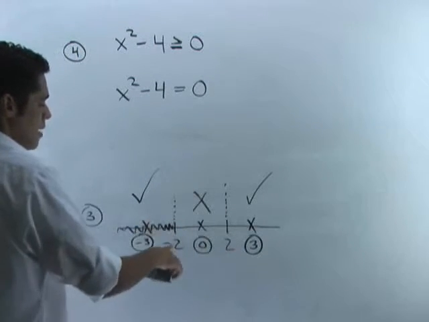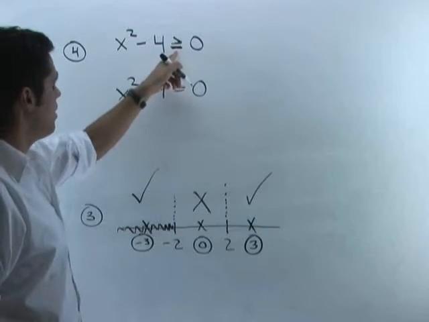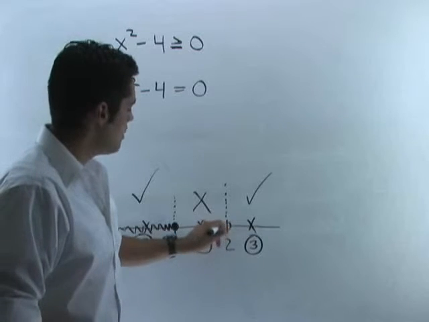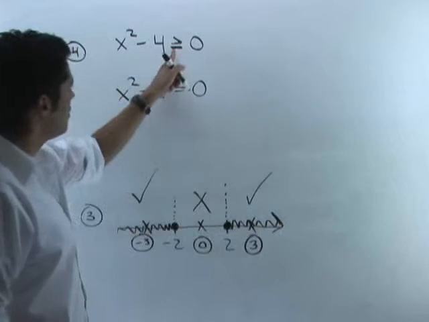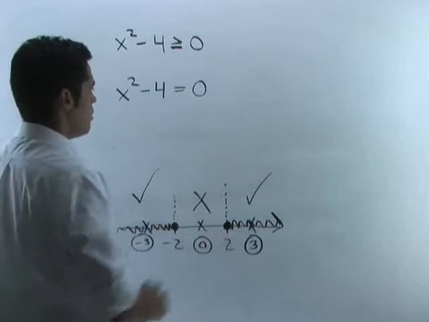So that means if we plug those numbers in, we will get equality, which is allowed here. So we do include the point. I'll put a solid dot. Same with 2, we can include 2, and everything to the right of 2. So that little half equal sign underneath here tells us we do want to include those points.